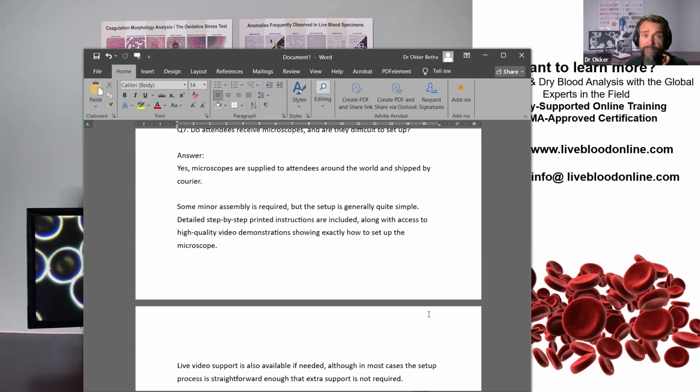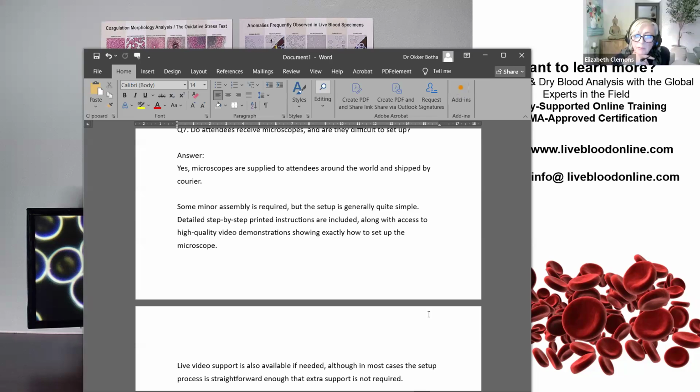So there's really a lot of resources and a lot of information for attendees to go through. And of course, they have the option to pose their questions to me during the lessons or to send in questions by email. So the course is fully supported, and that's also something that other attendees have commented on, saying that the level of support is a lot better than what they've experienced with other courses.